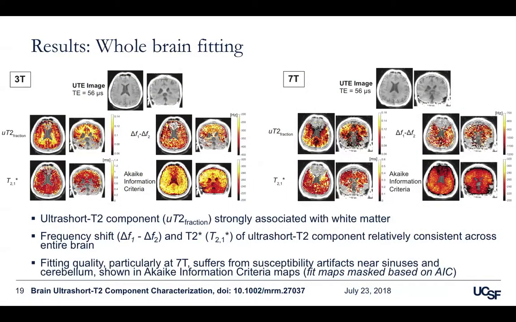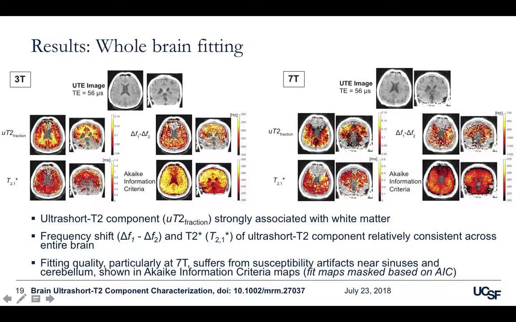So putting these all together, these are the type of maps we would obtain both at 3T and 7T, in the same volunteer here, of several components. First, the Ultrashort-T2 fraction, we now can see with these multi-frequency reconstructions that this corresponds primarily to the white matter anatomy.